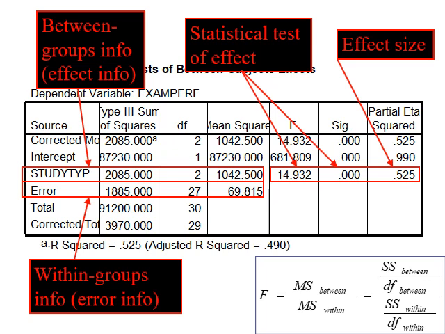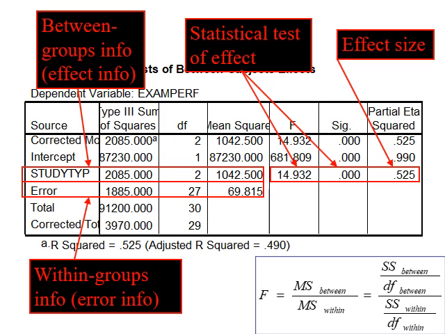And again, if we go down this chart, we'll see our 2 degrees of freedom for the effect, which gives us an idea of how many conditions there were in that effect, and the degrees of freedom for our error, which is usually based on sample size. We're going to get our mean squares, and again, this is the final calculations of all that variance. The top one, study type in this case, is our effect, and the bottom one is our unexplained error.